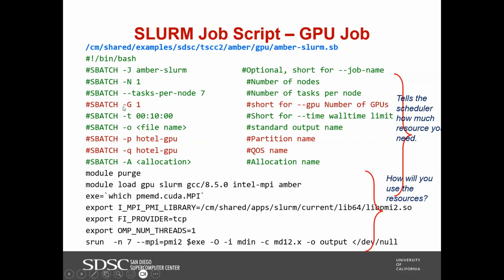For example, I need one GPU card, so I specify -G equals 1, and I also specify the hotel GPU partitions and the QoS, and after this sbatch session, I just purge my modules and load the modules I need, and then run the Amber code in this example.